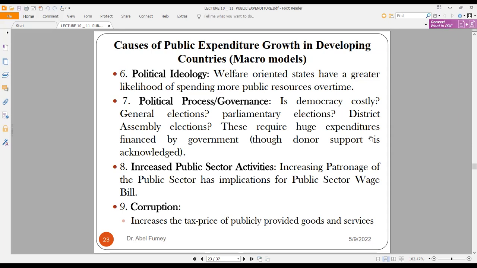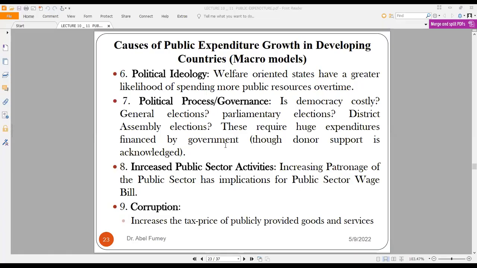You take countries that are practicing democracy. I was talking about the political process and countries practicing democracy. They tend to spend a lot on elections. You see, they have to conduct district elections, parliament, the elections for the MPs.